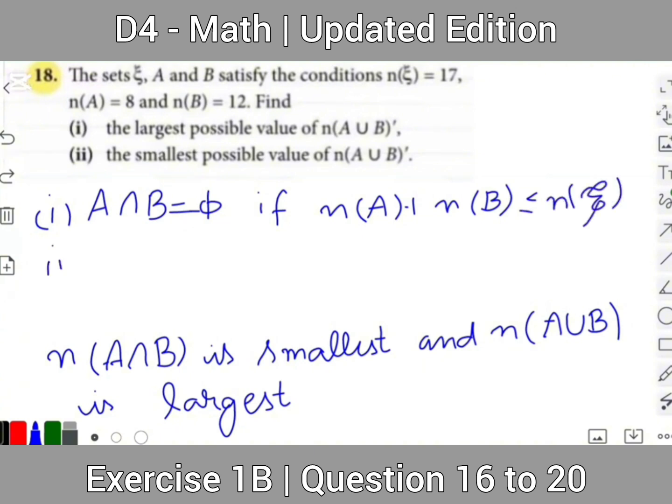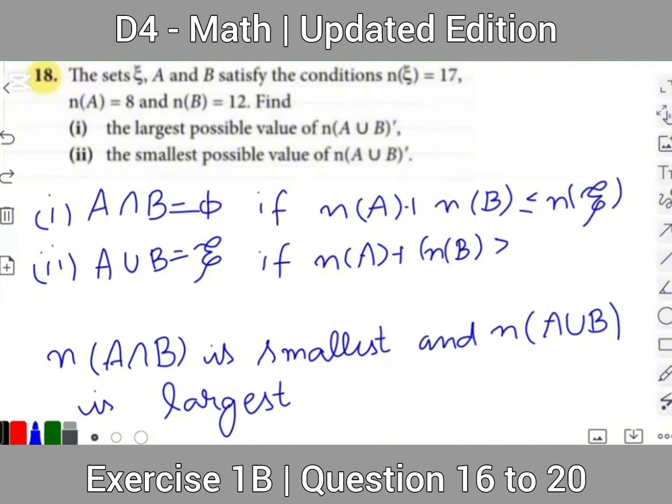Now in the second condition, A union B is equal to eta if n of A plus n of B is greater than n of eta, the universal set. So it means A and B can't be disjoint sets.